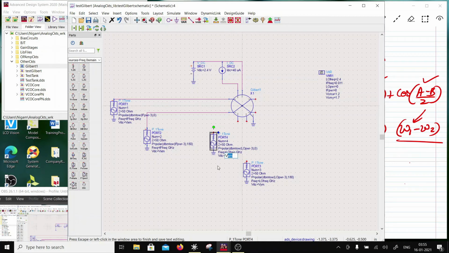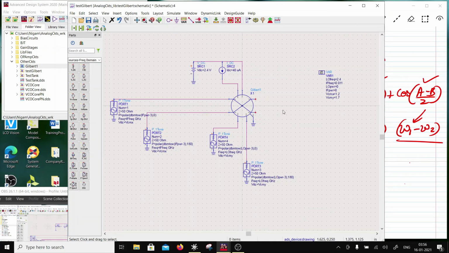So this will be VCMY, common mode Y signal, and this is going to be VCMX. So that's all set. I'll just connect this over here and over here.